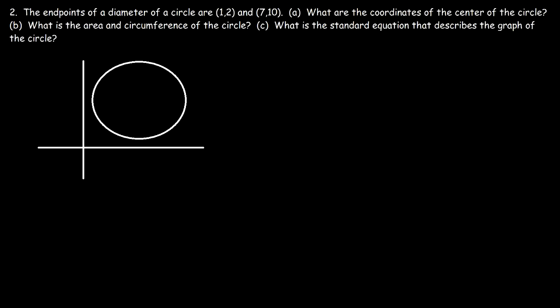The endpoints of a diameter of a circle are (1, 2) and (7, 10). What are the coordinates of the center of the circle? So let's say this is the first point, (1, 2), and over here this is (7, 10). So let's say the center is somewhere in between.